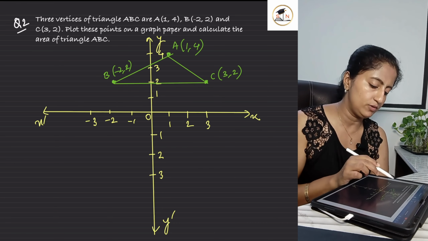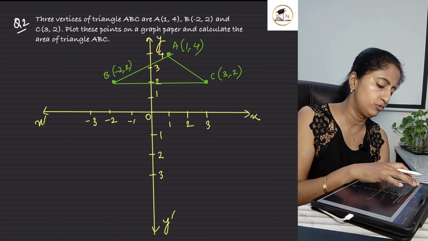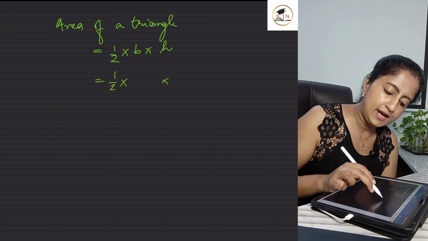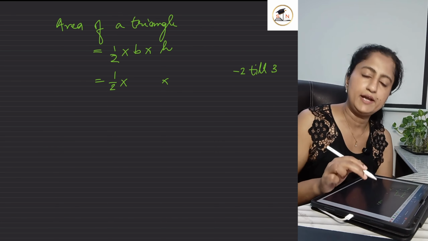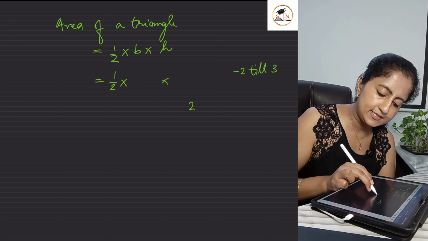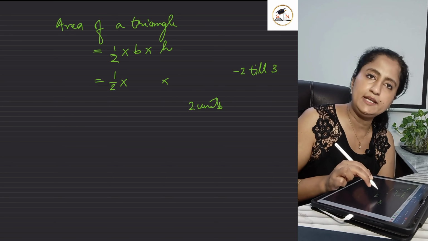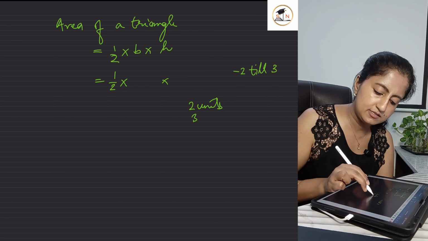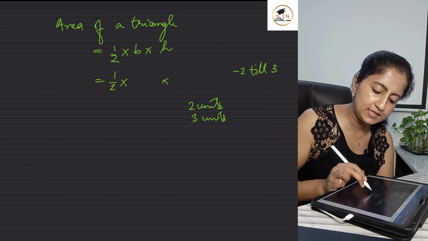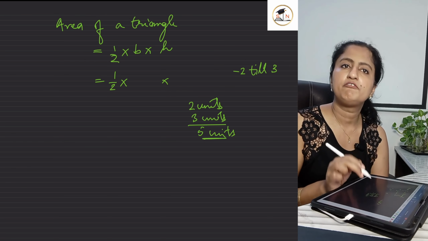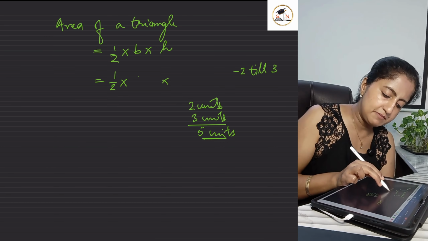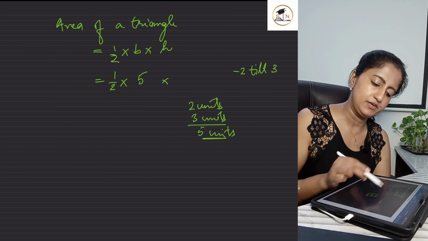What we actually need to understand is the distance from -2 till 3, right? That means 2 units on the left and 3 units on the right together make it 5 units. So your base is basically 5 units, right? So base comes out to be 5 over here, right?